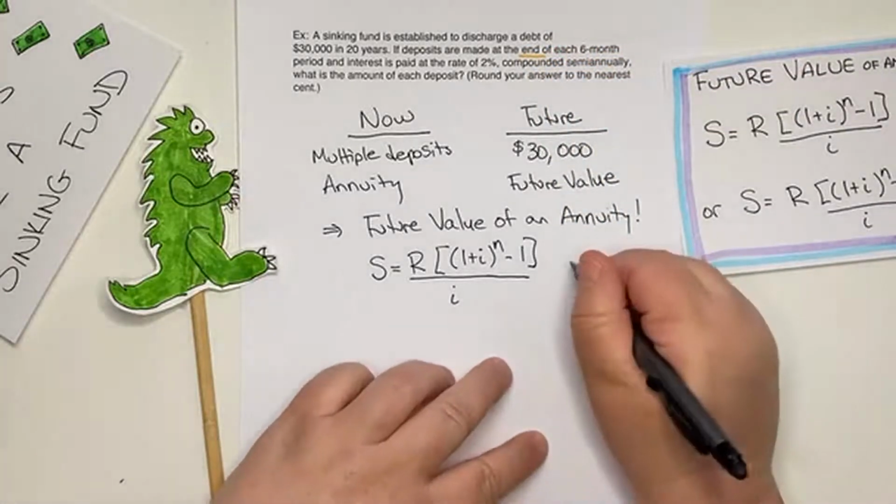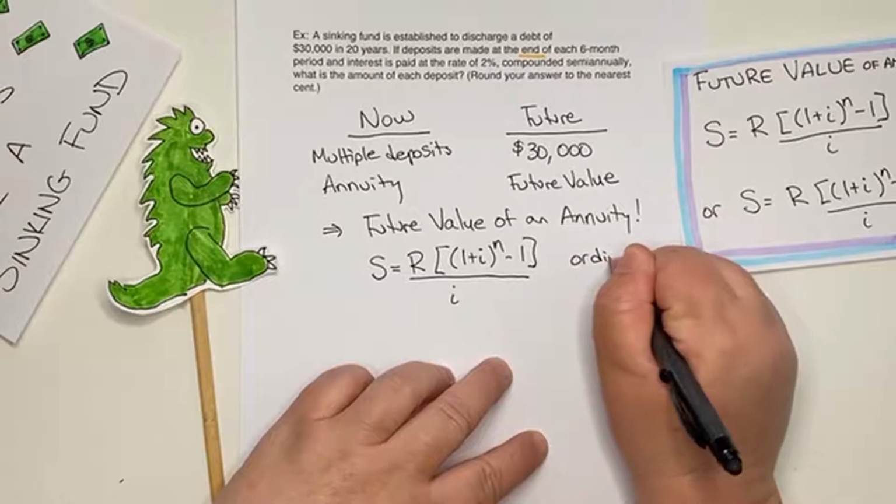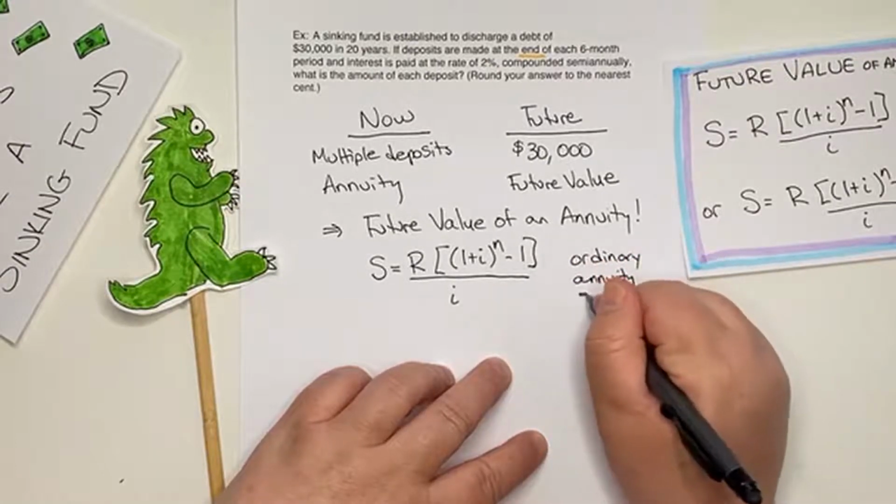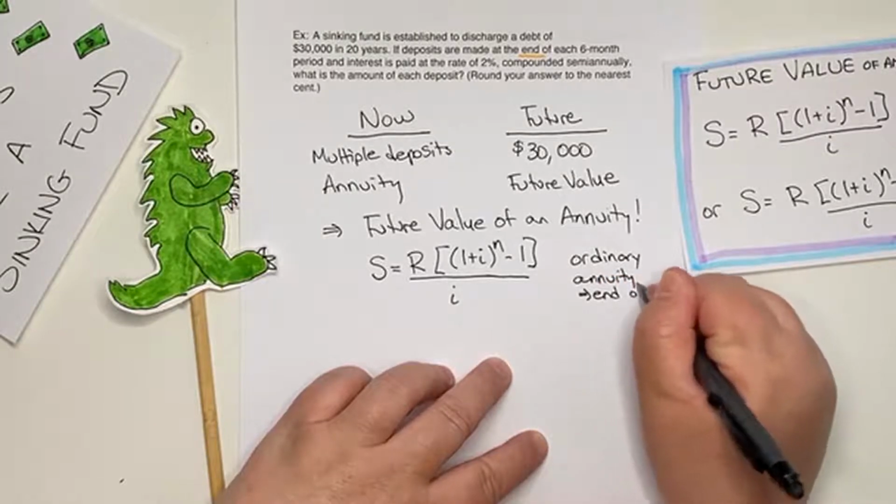So we use an ordinary annuity because it's at the end of the period.